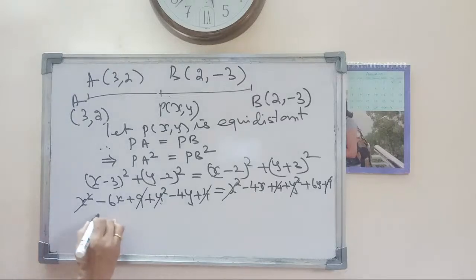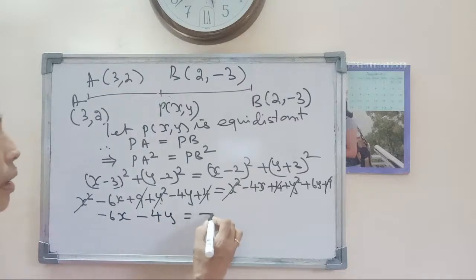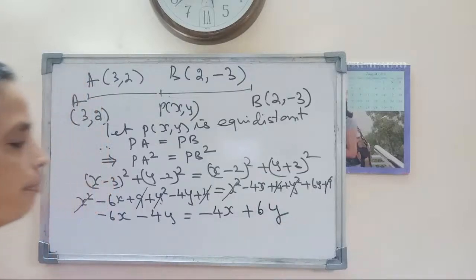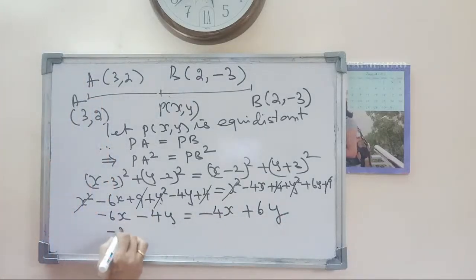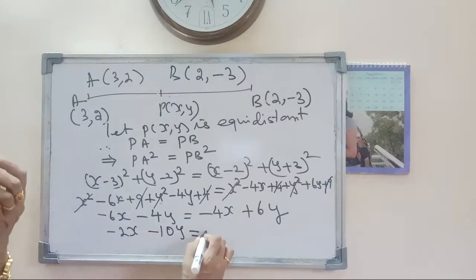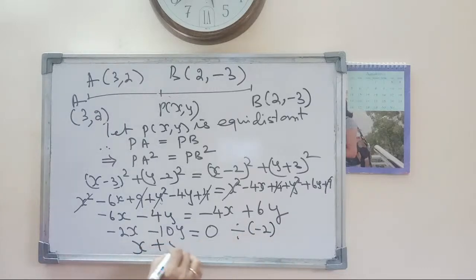What is left? Minus 6x minus 4y equals minus 4x plus 6y. So transferring, minus 2x minus 10y equals 0. Dividing by minus 2, you will get x plus 5y equals 0. This is the relation in terms of x and y.